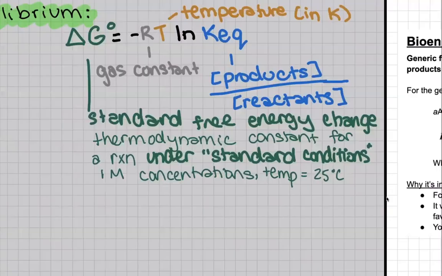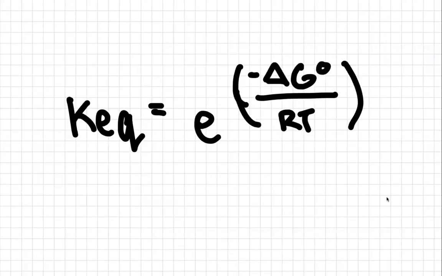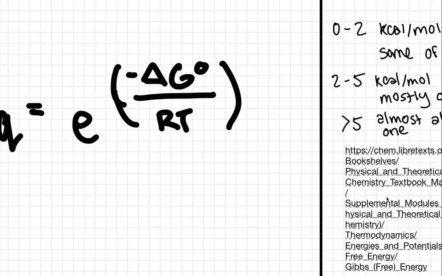And if you rearrange things a little bit, you get Keq is equal to e to the minus delta G naught over RT. So you just rearrange that, and now you have a way to figure out Keq. And that's important because now you can figure out how much of the products are there versus the reactants at equilibrium. Though remember, this is saying that you let it go all the way to equilibrium.